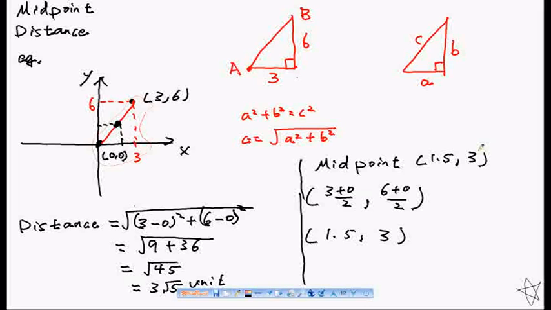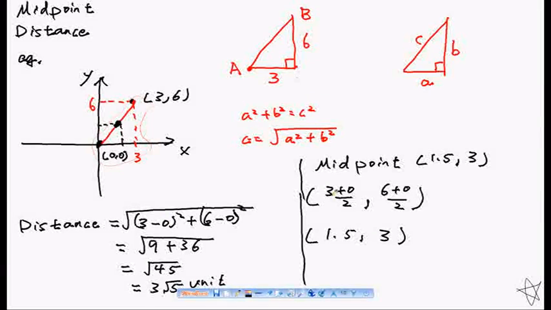This is how we find the midpoint and distance. To find the distance, you take the x coordinate of one point minus the x coordinate of the other point, square it, plus the y coordinate of one point minus the y coordinate of the other point, squared, and take the square root of the sum, like Pythagoras' theorem.